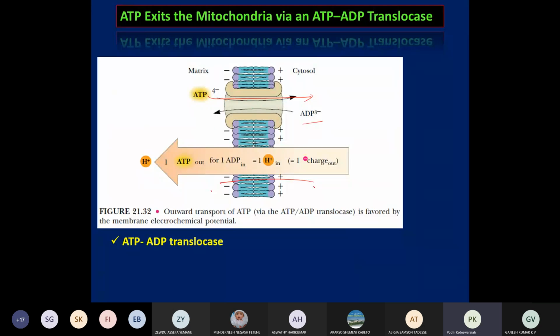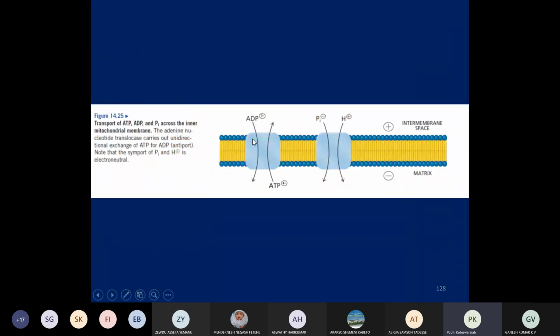For every one ATP molecule that comes out of the matrix, one ADP molecule enters, but ATP has 4 minus charges whereas ADP has 3 minus charges. When these molecules move in opposite directions, there is a net loss of 1 minus charge from the matrix. To compensate for this, one proton also enters the matrix by the phosphate-proton symporter.